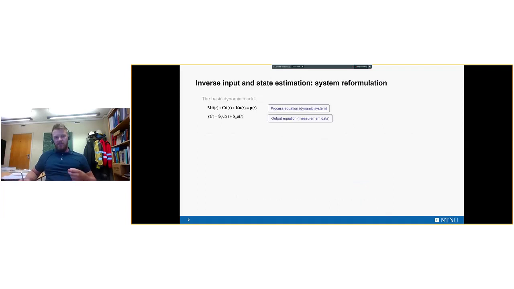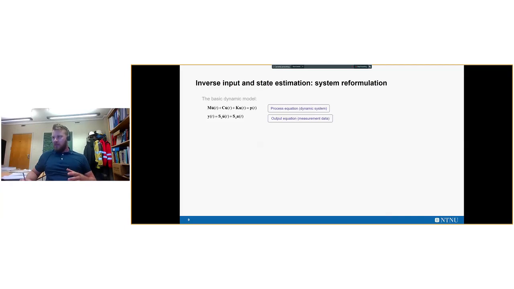So now for some basic equations that describe how we handle this input estimation. We might describe our dynamic system with the simplest equation of motion. Of course, for the bridges we will look at later, it's slightly more complicated.